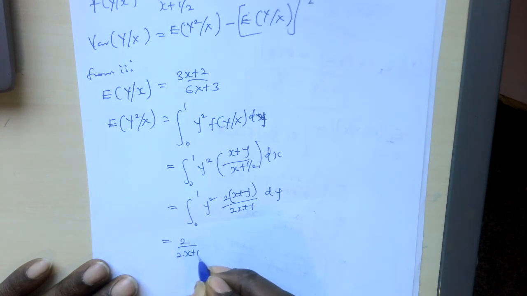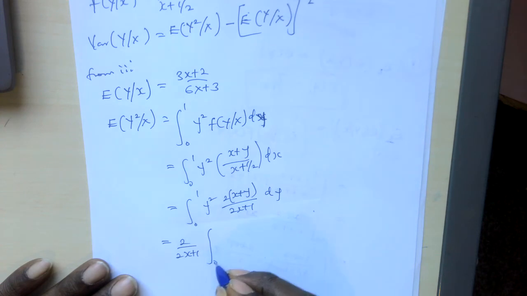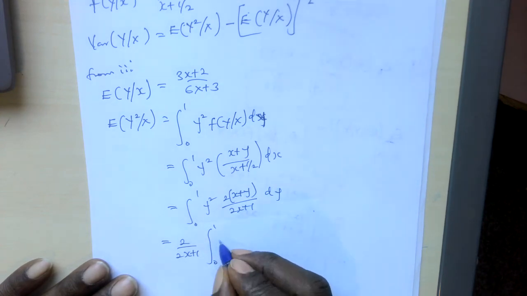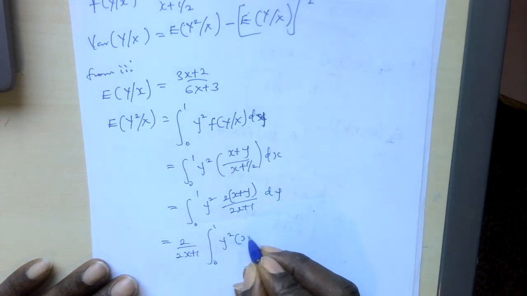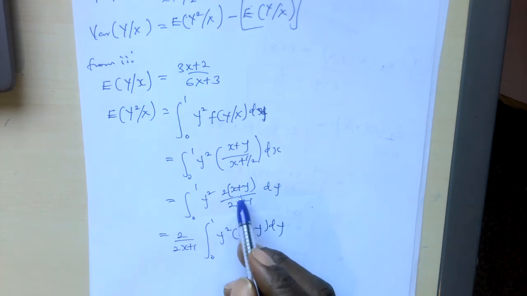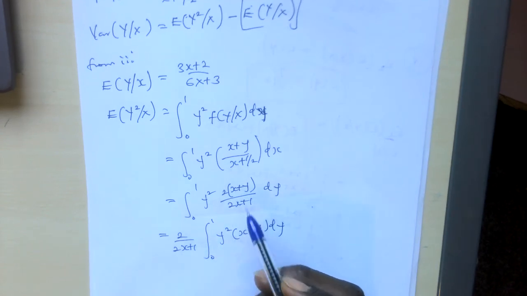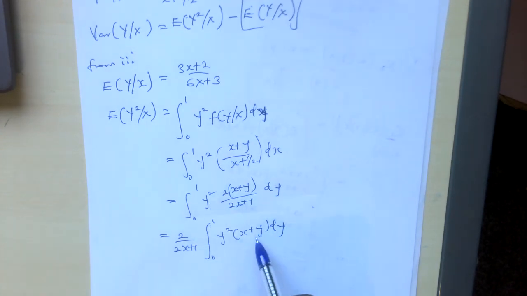Bring out what is common, the constant when integrating with respect to y, so just bring out this 1 over 2x plus 1. So we are left with x plus y times y square, dy.